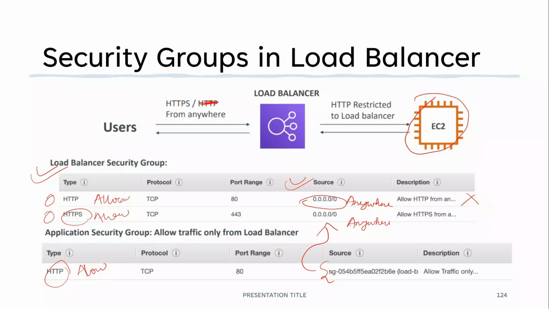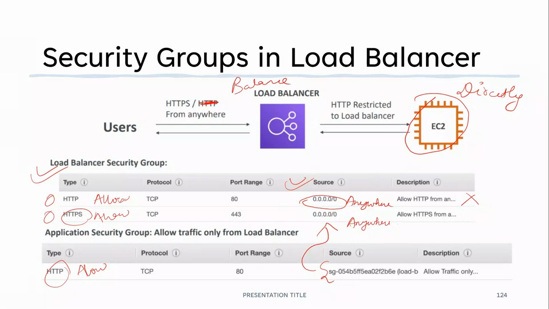And why do we need that? Basically we are preventing users or the outside world from accessing this EC2 instance directly. Nobody will be able to access this EC2 instance directly using its IP address. Why do we need to do that? Because we already have a load balancer which will balance the load, right?